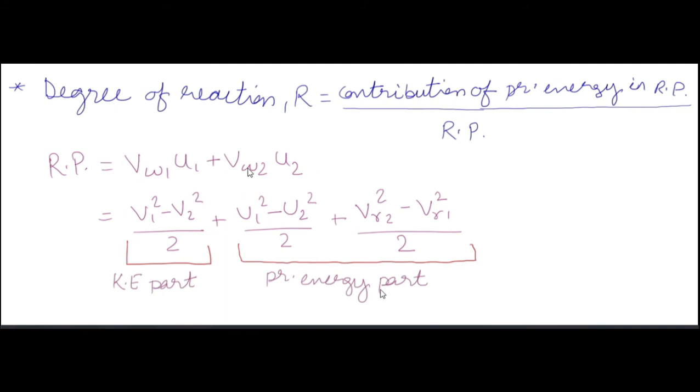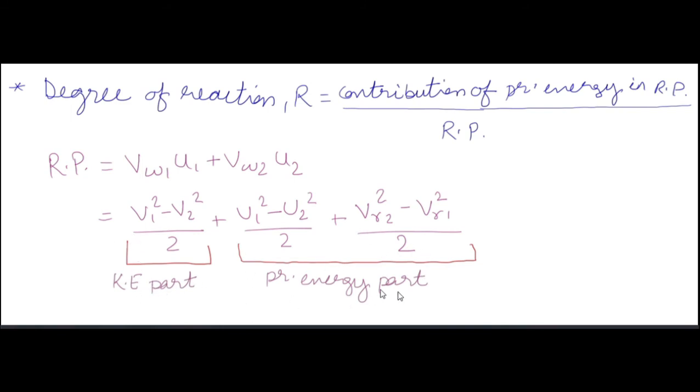So this is runner power per kg, Vw1 U1 plus Vw2 U2. This is equal to (V1 square minus V2 square) by 2 plus (U1 square minus U2 square) by 2 plus (Vr2 square minus Vr1 square) by 2. The first one is the kinetic energy part and these two are the pressure energy part.